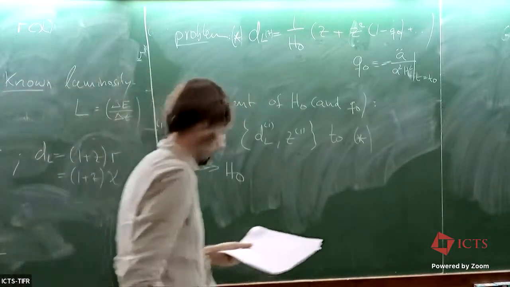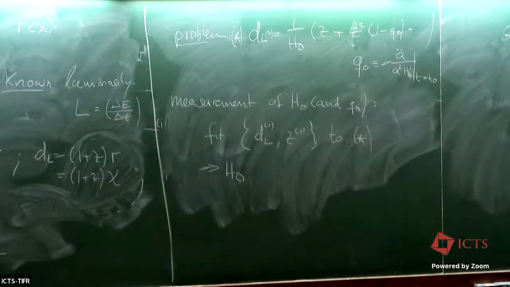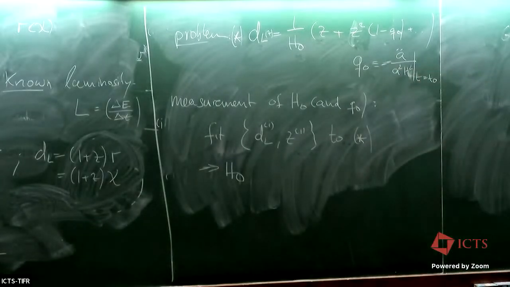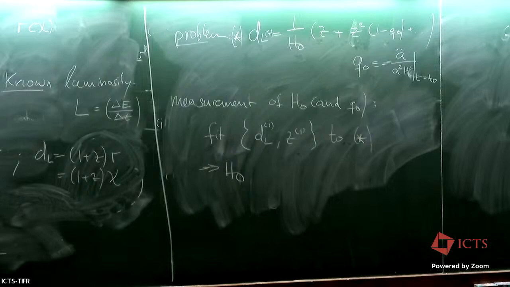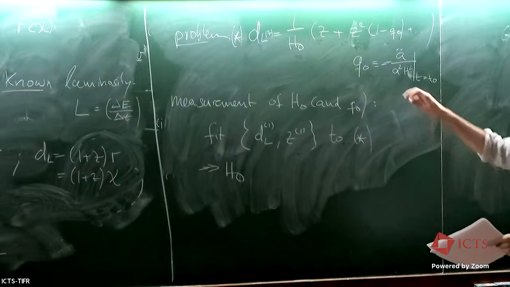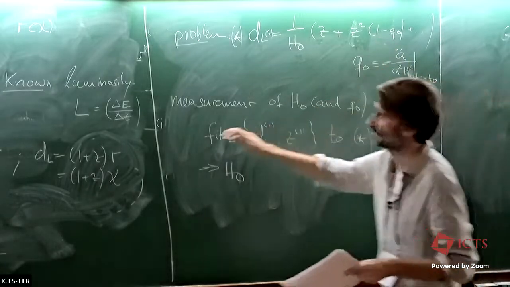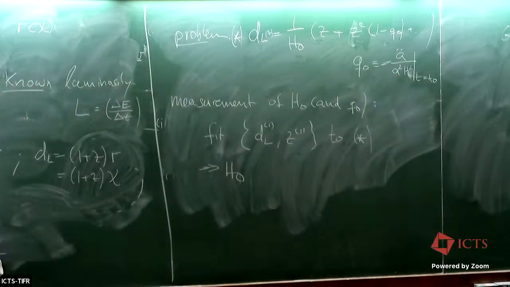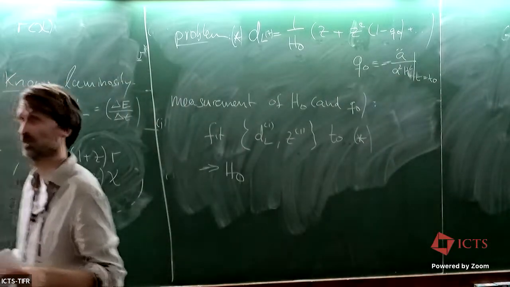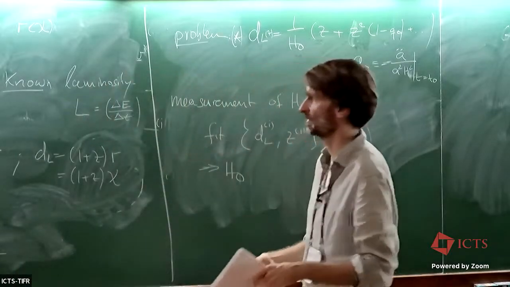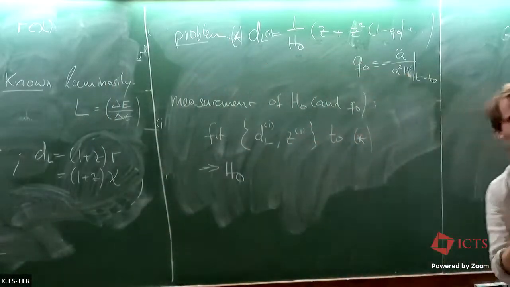And the nice thing about this measurement is that it's fairly model independent, because as you will see when you derive that, you actually do not need to plug in the lambda CDM expansion history. You can just do a Taylor expansion of Hubble, which works if z is sufficiently small.